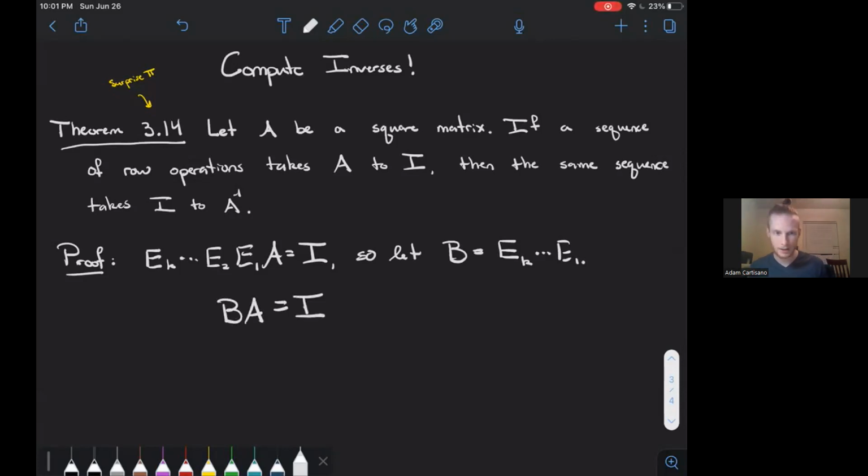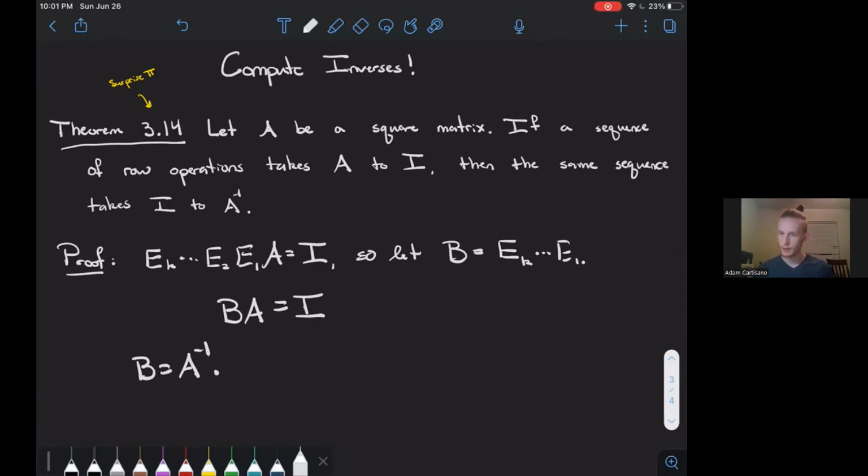The sequence of row operations whose elementary matrices are E1 through E_k takes A to the identity, well, then the product of all of those elementary matrices together is a matrix, and that matrix, when multiplied by A, is just the identity. That's just the associative property, right? And so, by the previous theorem, B equals A inverse, right?